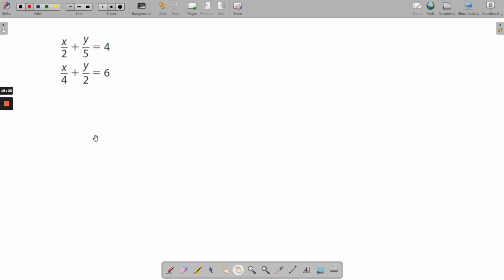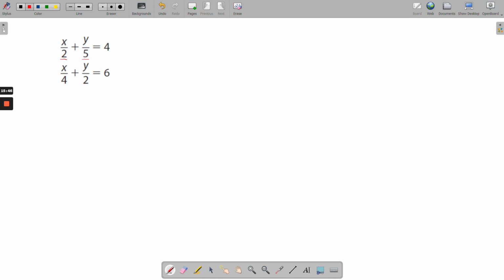So when you see fractions, you just want to get rid of the fractions first of all, just to make it more manageable. So if you want to get rid of these two fractions right here, you see we've got 2 and then we've got 5. What we want to do is pick a number, and I'll do this out to the side in rough work to show you exactly what's happening.